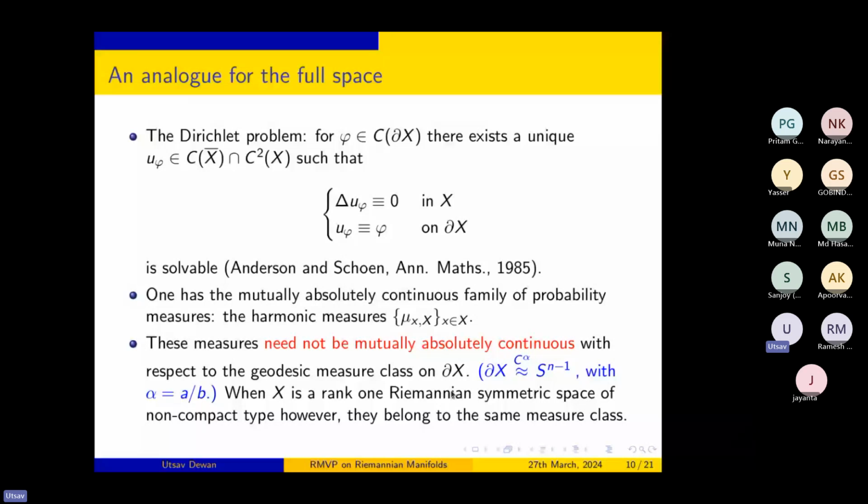So what do we mean by geodesic measure class? The del X, the Gromov boundary, is actually homeomorphic to the Euclidean unit sphere. It's C alpha homeomorphic, with alpha depending on these curvature bounds. The point is that it is a very geometric construction. You fix an origin O in the space, and look at the unit sphere around it.